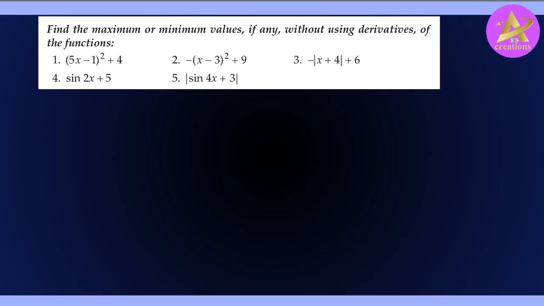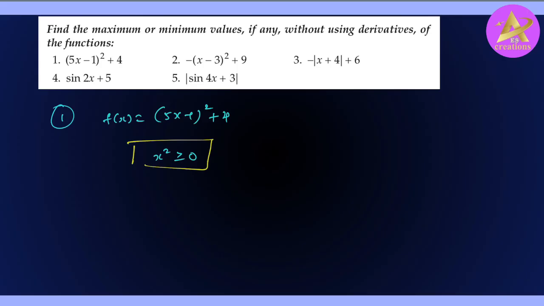And if you observe the first question, here the function is given, (5x minus 1) square plus 4. We know that x square is always positive. Whatever the even power, any term which contains an even power is always positive.